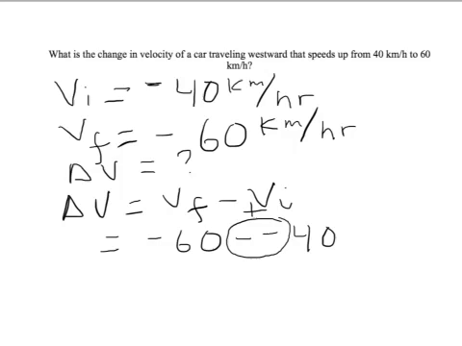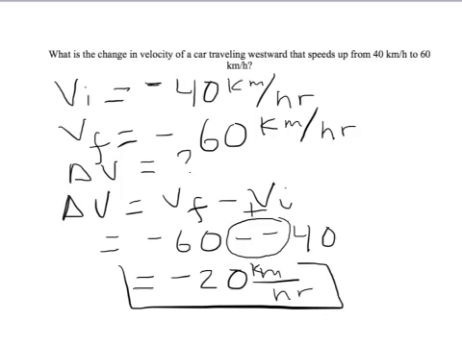So that would be negative 60 plus 40. And you can do it in your calculator also to verify. Negative 60 minus negative 40 will be negative 20. The units, be careful, are kilometers per hour, and the direction would be west because it is negative.